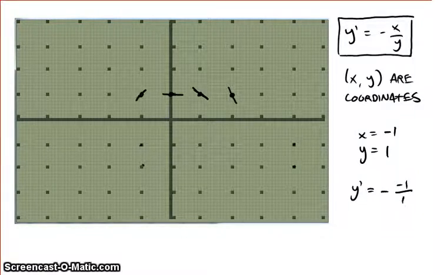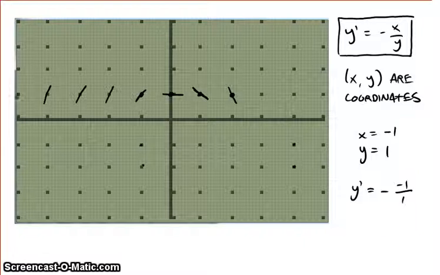So this slope is going to change as we move from left to right. We can calculate it at negative 2, 1, and we'll find that the slope is 2. The slope over here at negative 3, 1 is going to be 3. As we move farther and farther to the left, our slopes are going to get steeper and steeper and steeper.